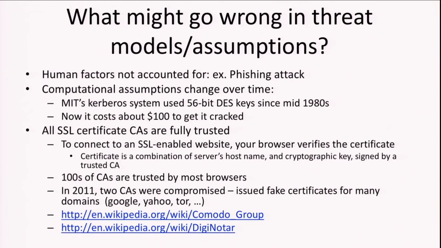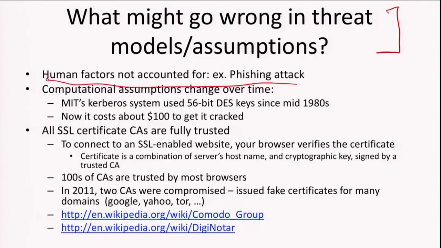Now, I have already mentioned that you have to have threat models and assumptions that you use to make your security controls. But many times the threat models and assumptions can also be wrong if you are not thinking properly. One of the things is that human factors are not accounted for in the threat model. For example, RSA, the security company, as well as Sony, which was hacked a couple of years ago by apparently North Korean hackers.